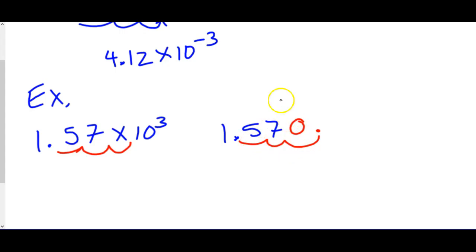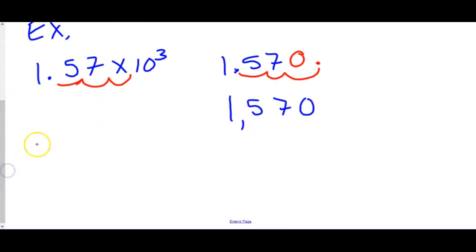When we put it back in standard notation, we put the zeros back in. So 1,570 would be 1.57 times 10 to the third in standard notation. And if you have a negative exponent, instead of moving this way, you'd go back to the left.